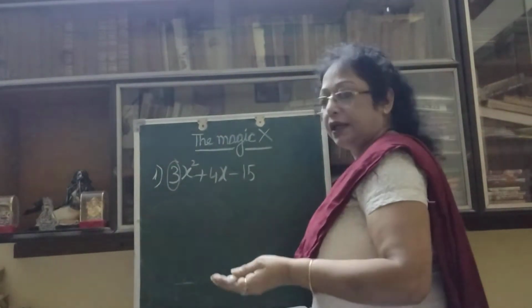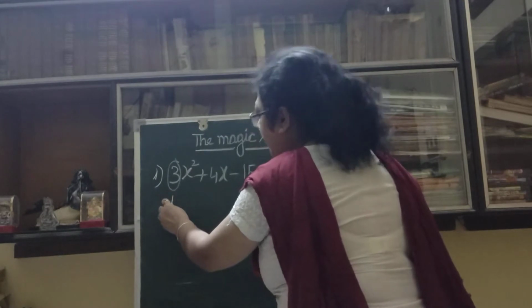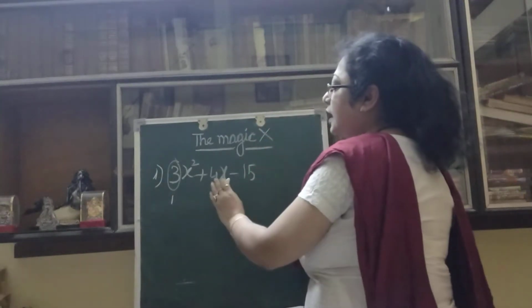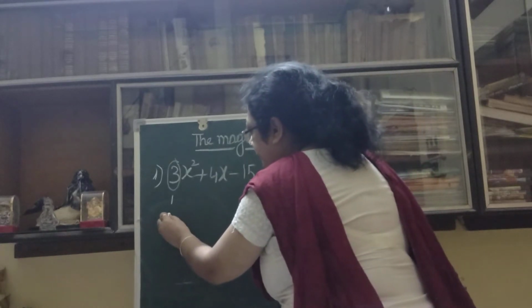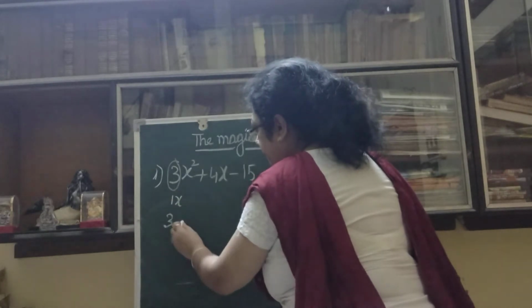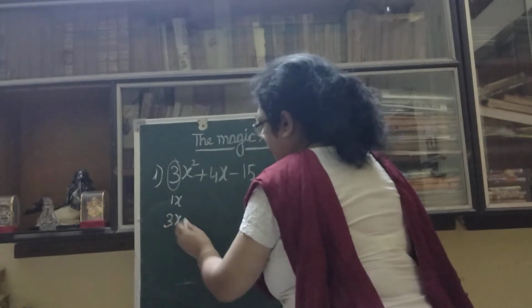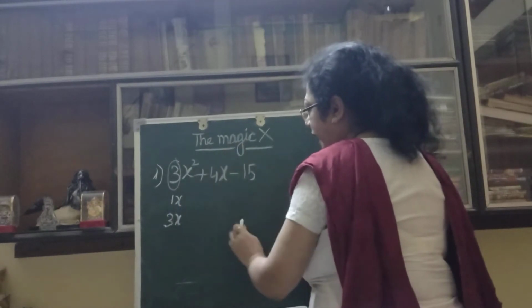You know 1 times 3 is 3 only. So first I will write 1. I will prefer to write the smaller one first, then the bigger one. Now x and x. Okay, if we multiply this, 3x square.